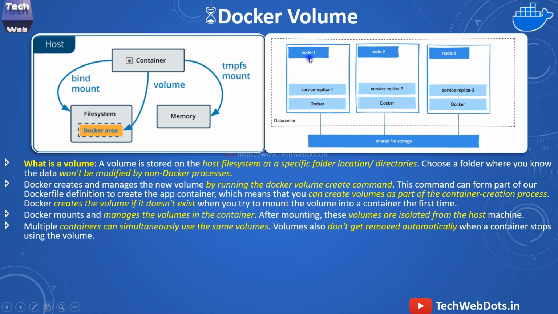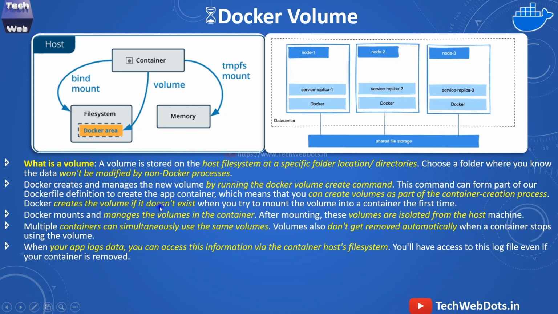We can see here node 1, node 2, node 3 having their own service replicas which are running on Docker containers, and those exist in some data center, but are connected with the shared file volumes. It can be Azure storage, it can be Amazon S3 file storage, a shared one.